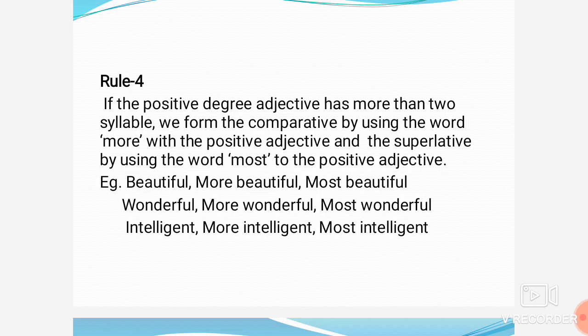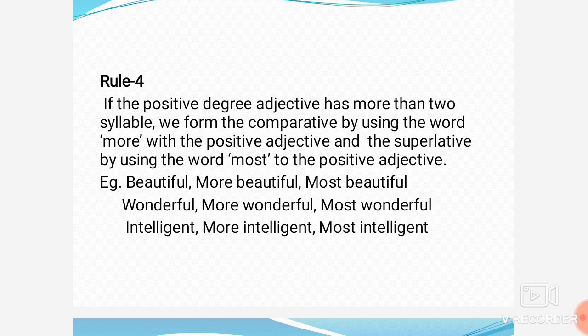Beautiful is a three-syllable word, as we learned before. So, when you change it to comparative degree, it becomes more beautiful, and superlative becomes most beautiful. Same way, wonderful, more wonderful, most wonderful. Intelligent, more intelligent, most intelligent.